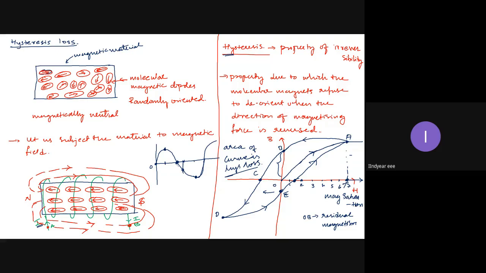But actually what is happening in the magnetic material? I am still magnetizing the core only from one direction to the other direction, that's it. So if you see physically, I am not demagnetizing the material, I am still magnetizing the material but in the opposite direction. Do you agree? Yes, sir.